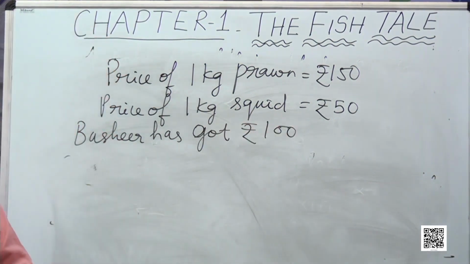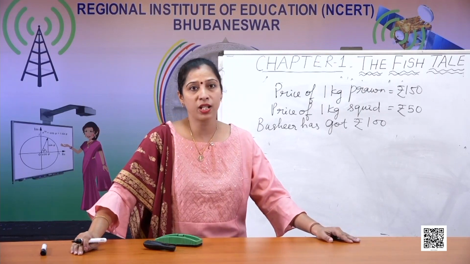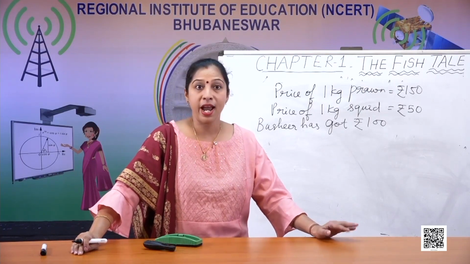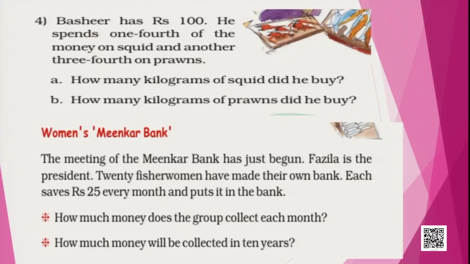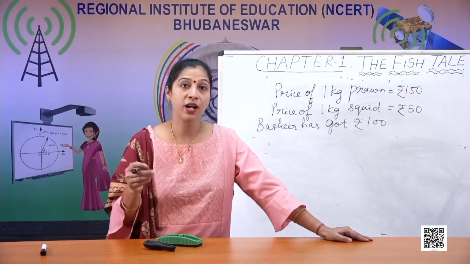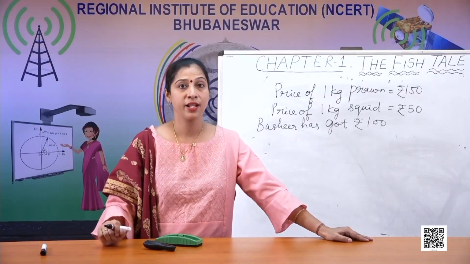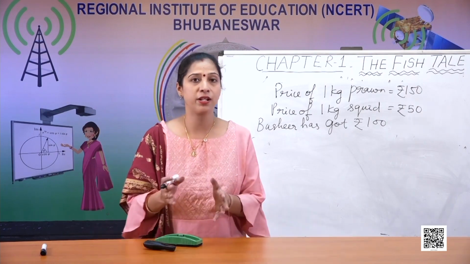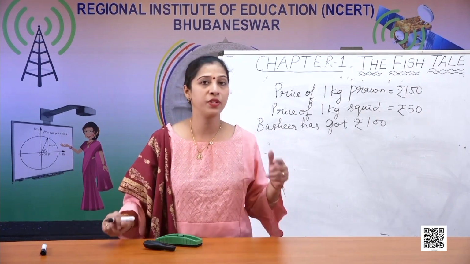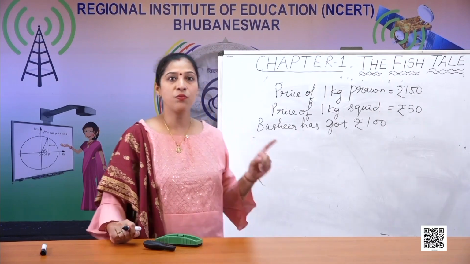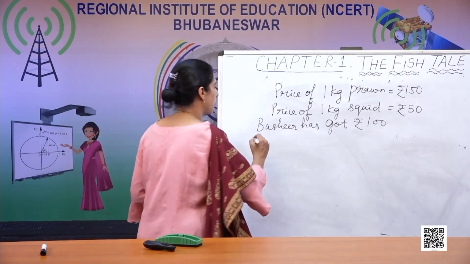So the question is, he spends 1/4 of the money on squid and another 3/4 on prawns. Let's first find out the amount Bashir spent on both things. Then only can we find out the weight of the squid and prawns he got for that money. So 1/4 of the money he spent on squid.